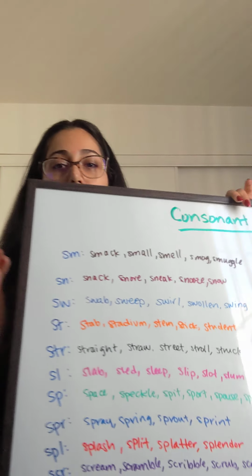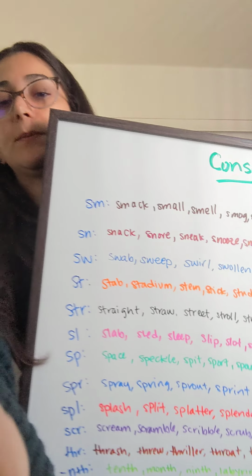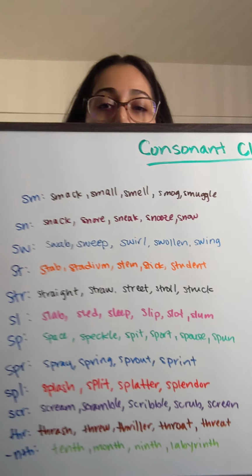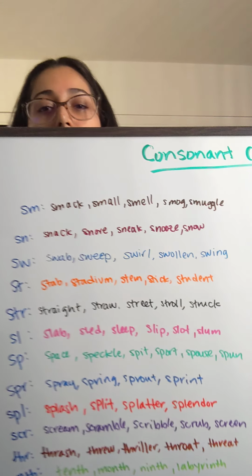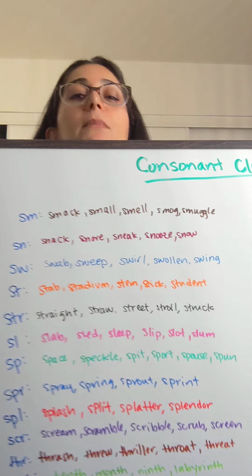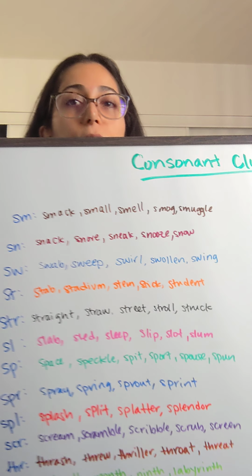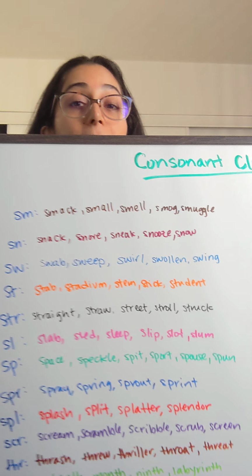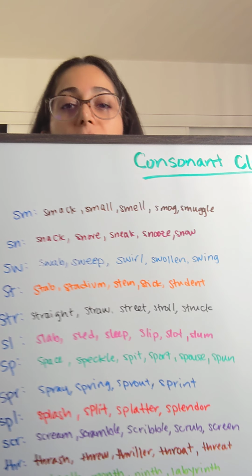I just want to go through some of these words with you and do some practice. The first consonant cluster that we have is S followed by M. So, sm. If that's too hard for you to do together, like smack, you can do it separate first and then do it faster and closer together.